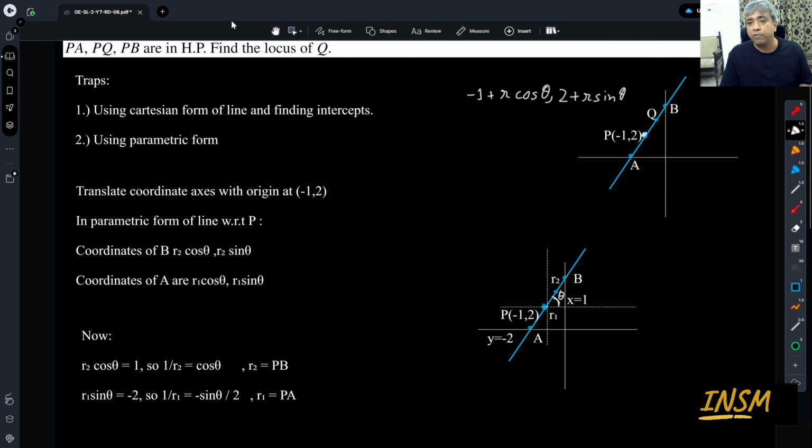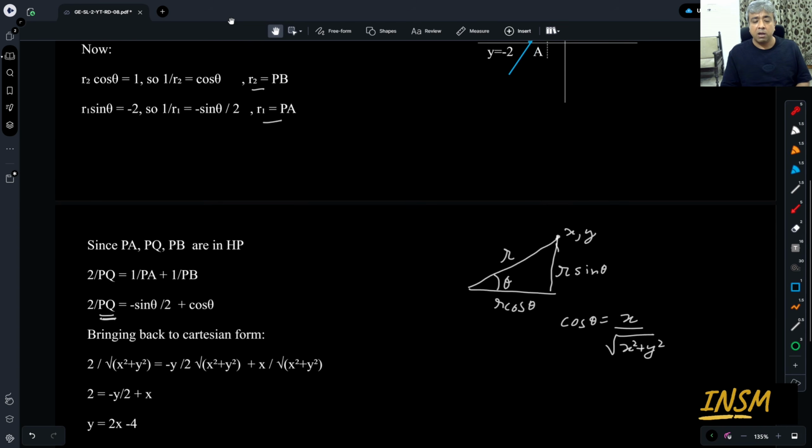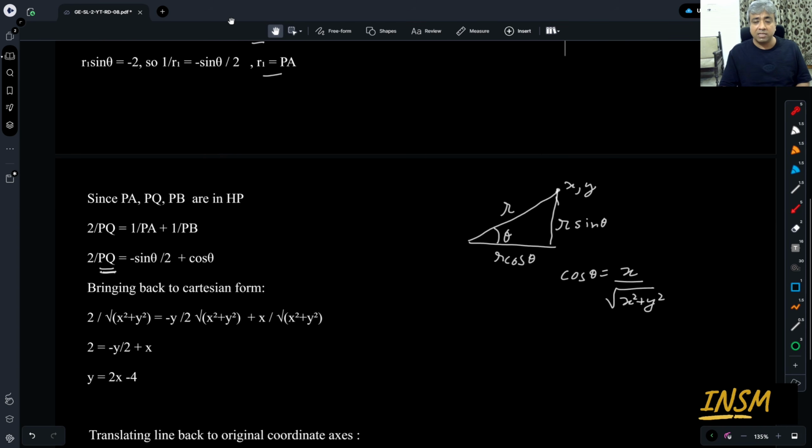In this way, if you put y equal to 0 and x equal to 0, you will again get the same R2 and R1. This will not be a problem. Again, from parametric form, if you put the distance PQ equal to R and do exactly what we did here, you are going to arrive at this equation.